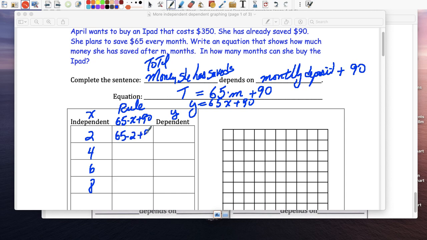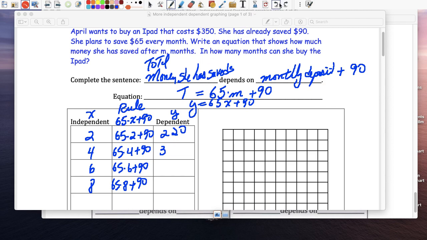So if you think about it, $65 per month in 2 months would be 65 times 2 plus 90. 65 times 4 plus 90. 65 times 6 plus 90. 65 times 8 plus 90. So after 2 months, you would have $130 plus 90, which would be $220. 65 times 4 would be $260.